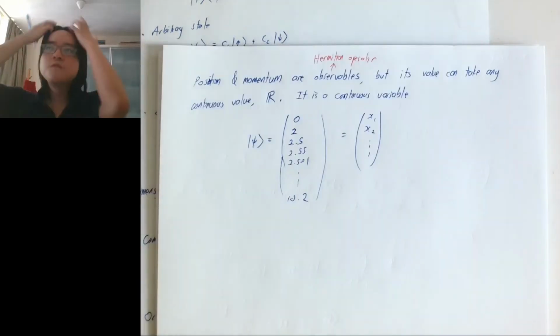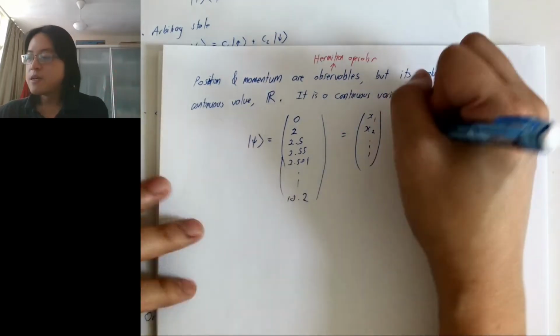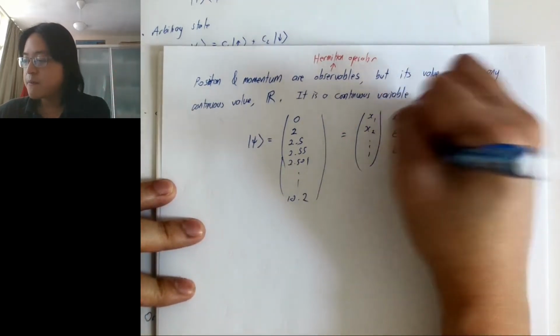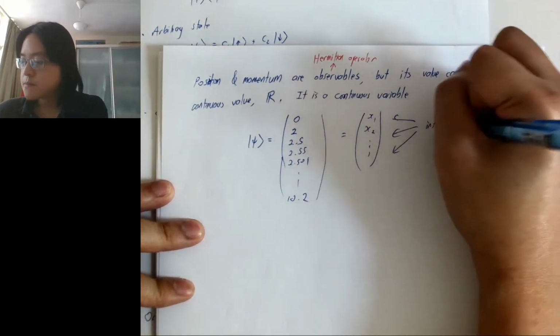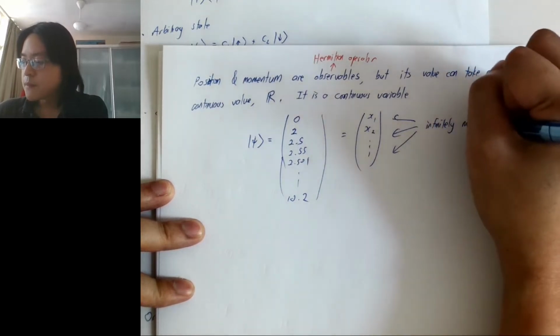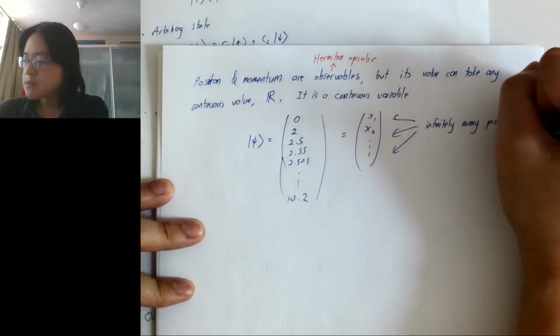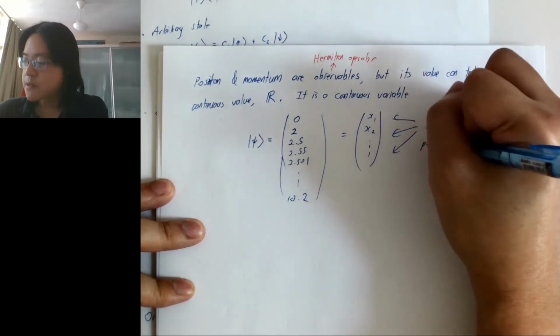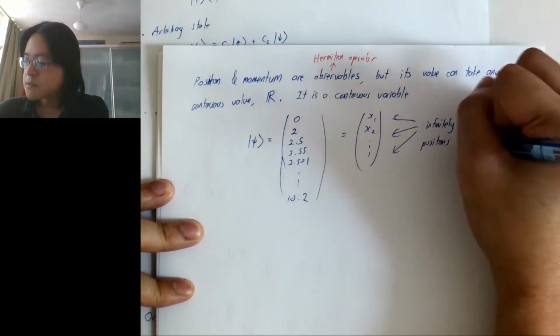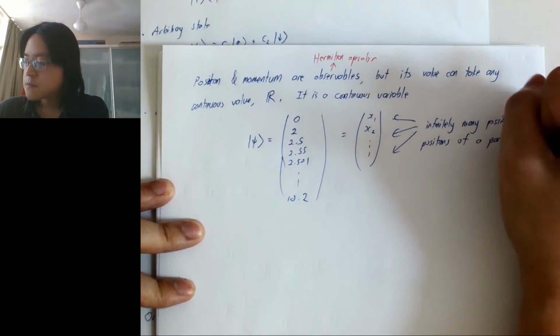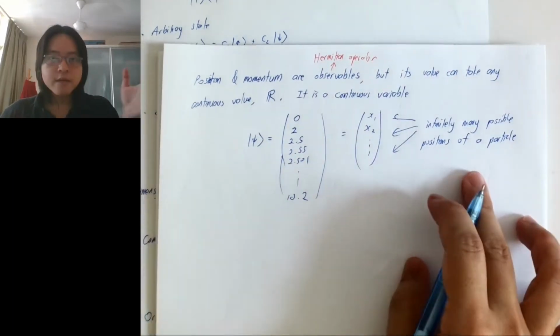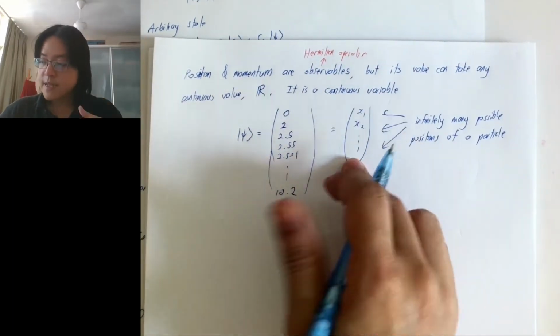That is why we have an infinite dimensional Hilbert space. So there are infinitely many possible positions for a particle. If you are still following the postulates, all these states are states, right?